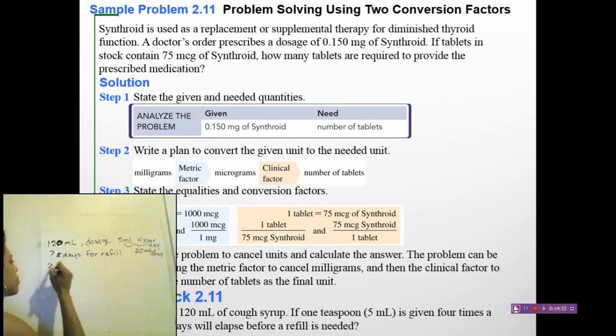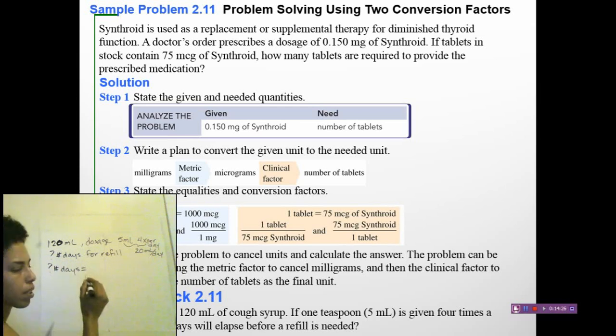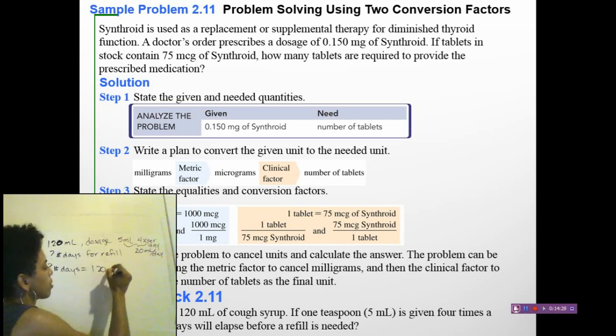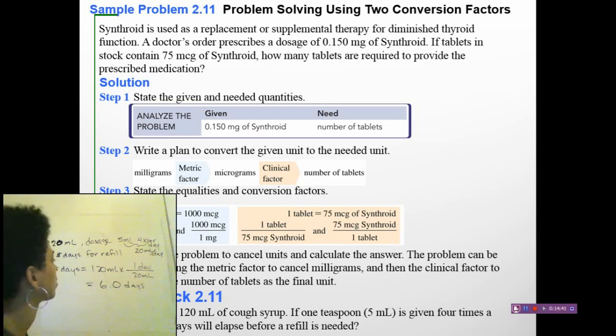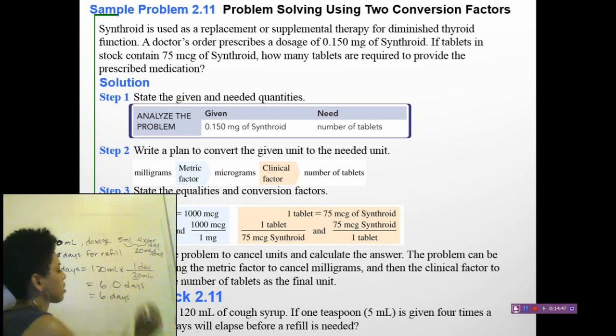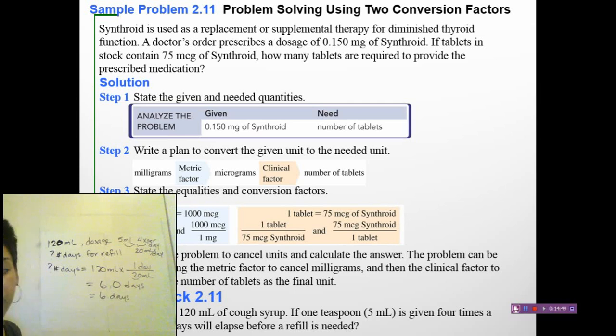So, number of days, we always start with what we're given, 120 milliliters times what? 1 day over 20 mils, and that's going to give us 6.0 days. All right, well, we've got 6 days. Okay, in 6 days we would need a refill.